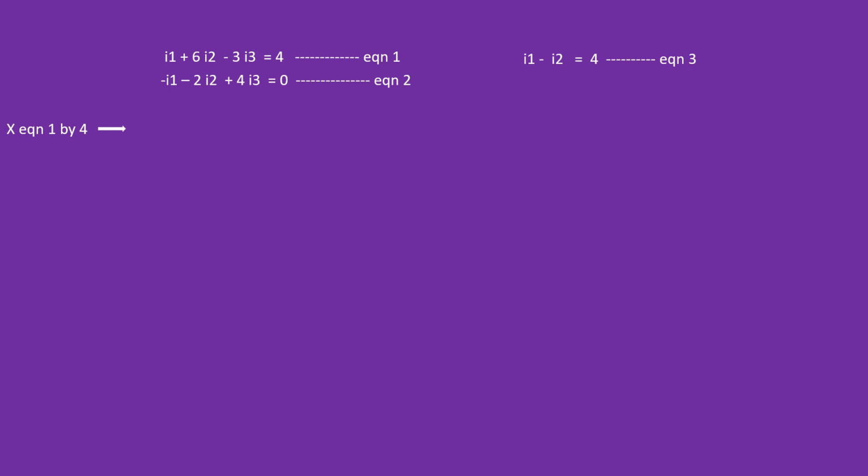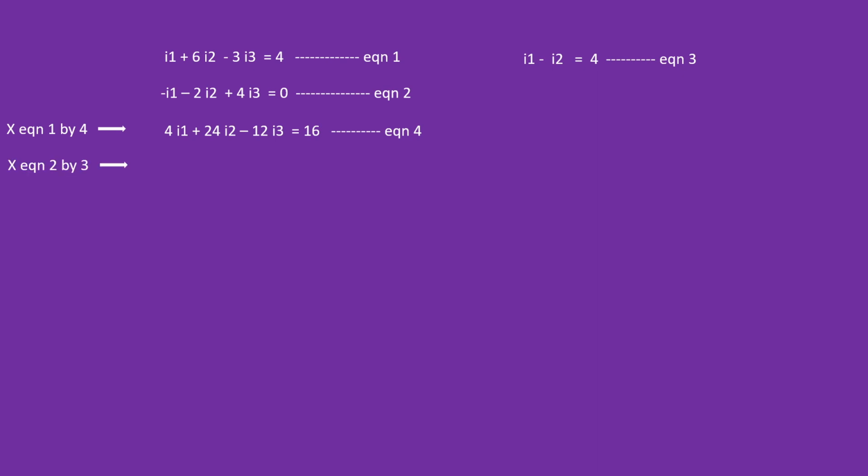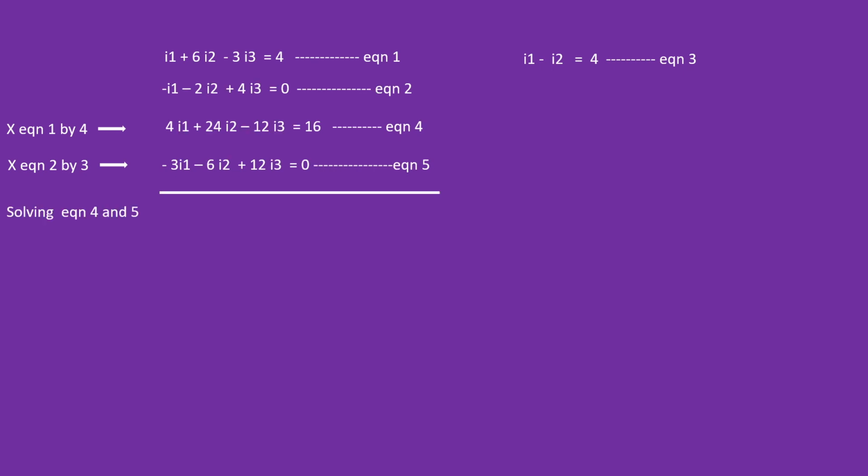For that, multiply equation 1 by 4, so that you get 4I1 plus 24I2 minus 12I3 equal to 16. This becomes equation number 4. Now we multiply equation 2 by 3. We get minus 3I1 minus 6I2 plus 12I3 equal to 0. That becomes equation number 5.